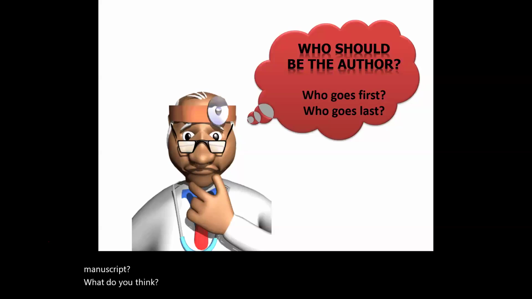I think the first author is the one who works most or does most of the research, and the last one is the supervisor. Yes. Any other opinion? The most qualified and specialist in the subject. The most qualified should go last or first?